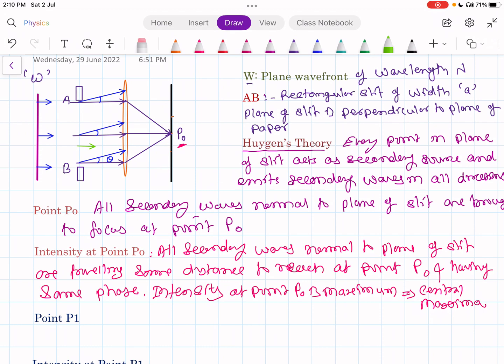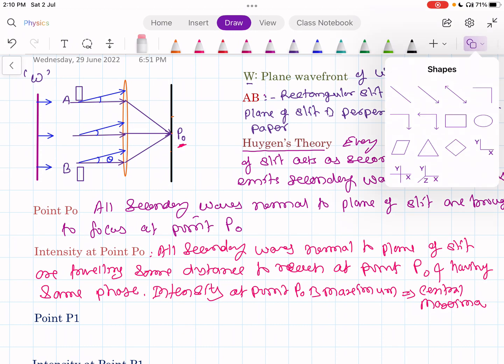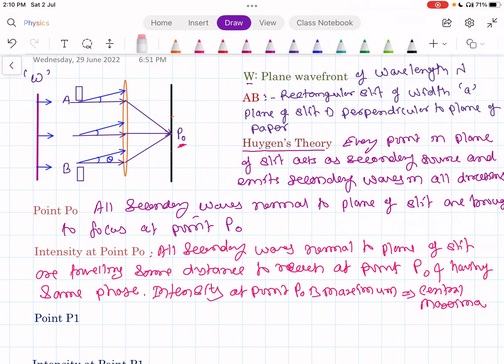So all those secondary waves which are making an angle theta with normal to the plane of the slit are brought to focus on the screen, say at point P1 over here.